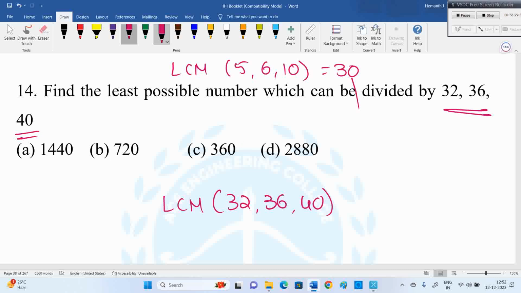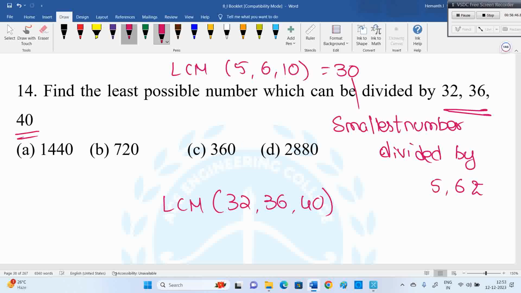Just like with 5, 6 and 10, where the LCM is 30 and I mentioned the smallest number divisible by 5, 6 and 10, smallest number or least number, all say the same. So when you see the least number divisible by 32, 36 and 40, you can write the LCM of that.